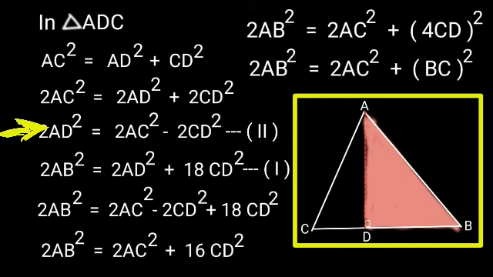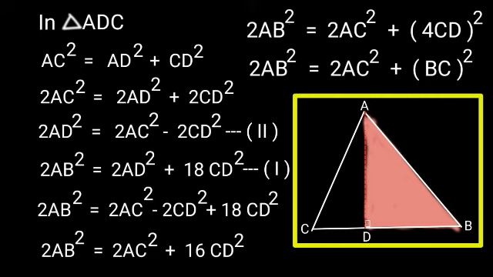Second, we already know that the first equation is twice AB square is equal to twice AD square plus 18 CD square.